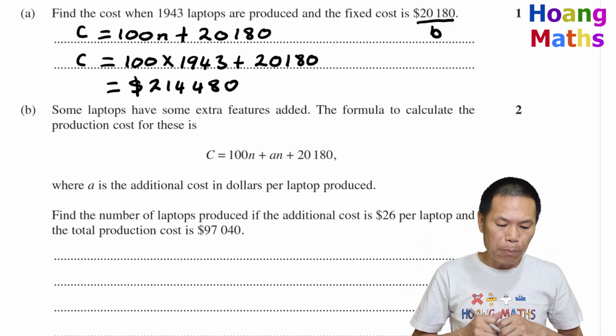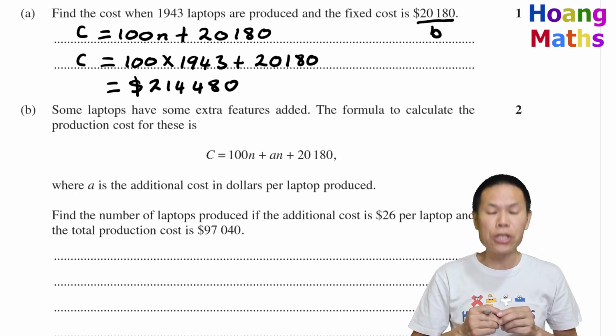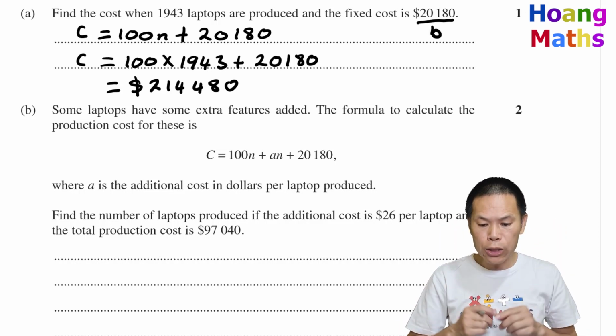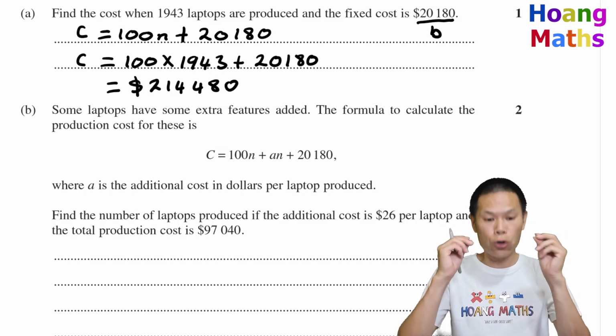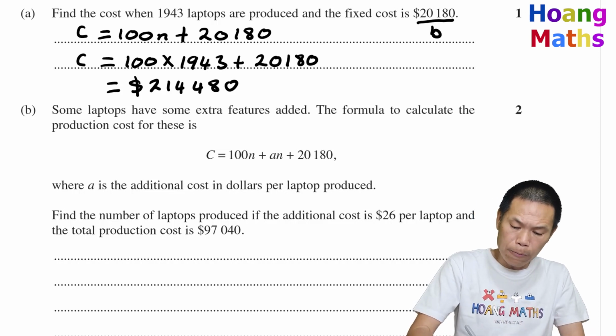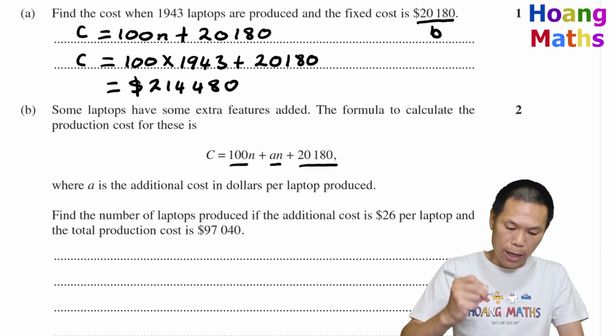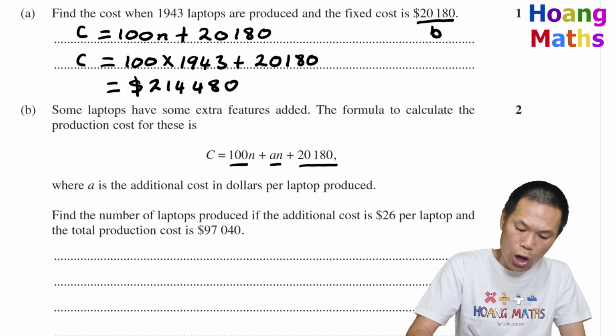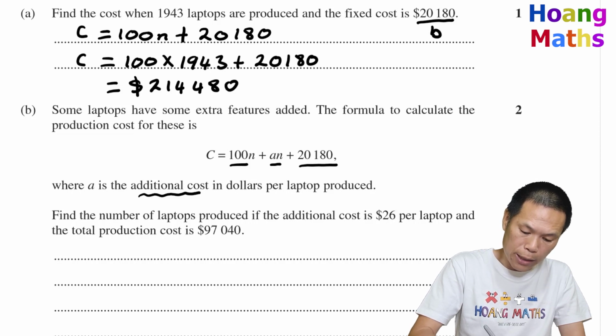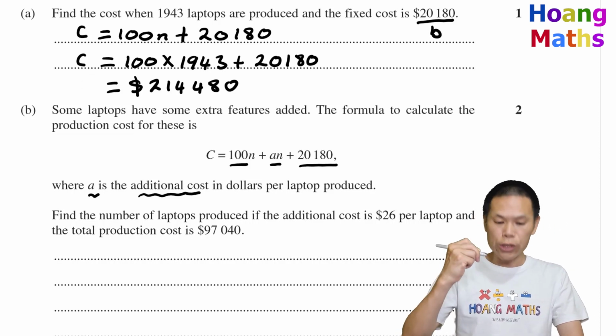Part B. Some laptops have some extra features added. The formula to calculate the production cost for these is C is equal to 100N plus AN plus the fixed cost. And we know that A is the additional cost, okay, keep that in mind. So the question is this.